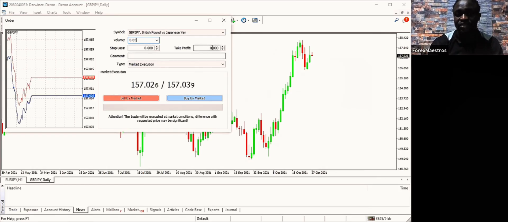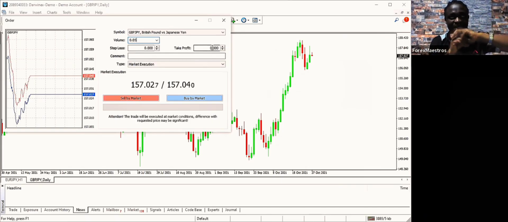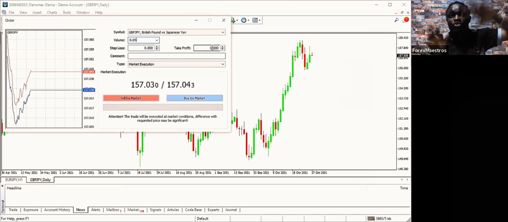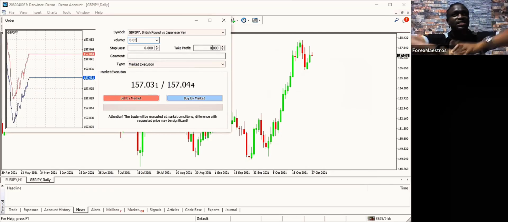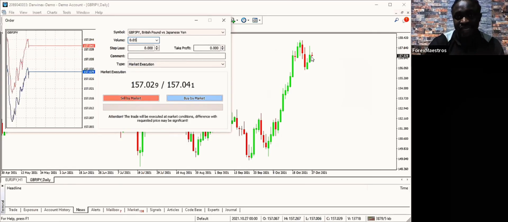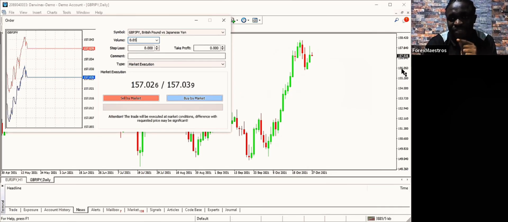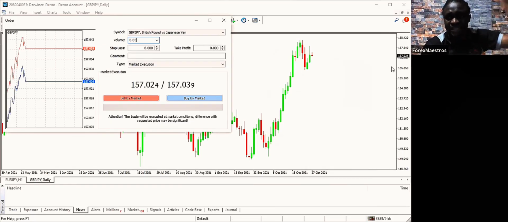And then take profit. What is take profit? Take profit is to say, this thing is going to go in the direction, but I don't want to stay too long in this market. So imagine as price is here right now, I'm going to sell this market. And I'm saying that if this market gets to 156.060, based on my analysis, I'm expecting it to get there.